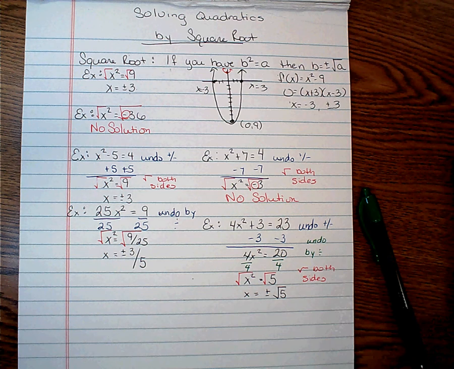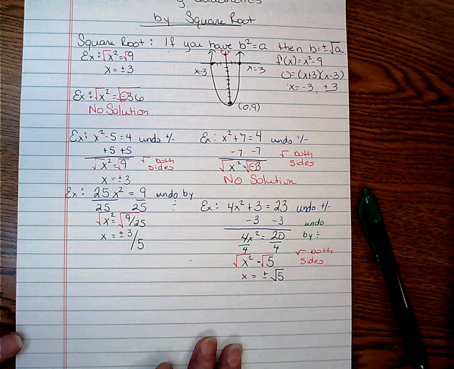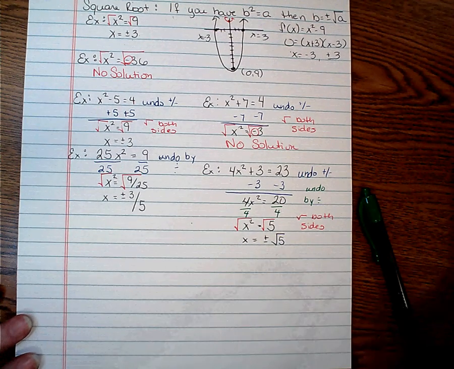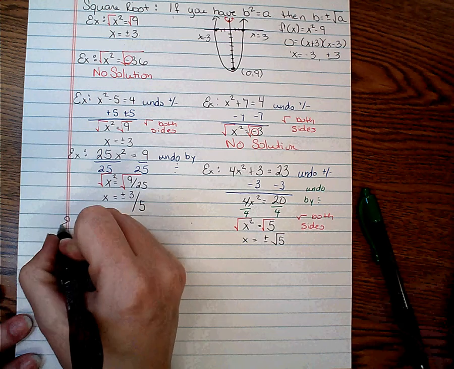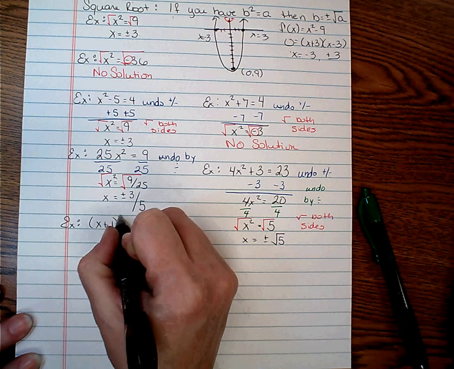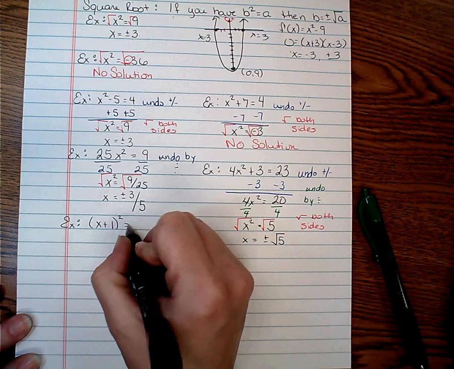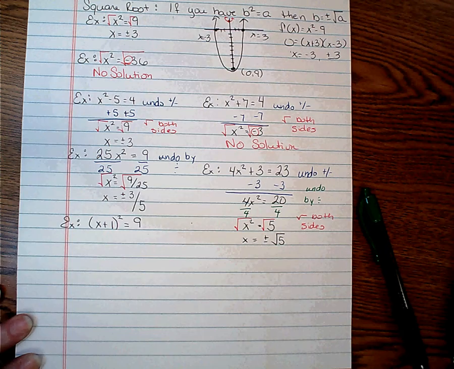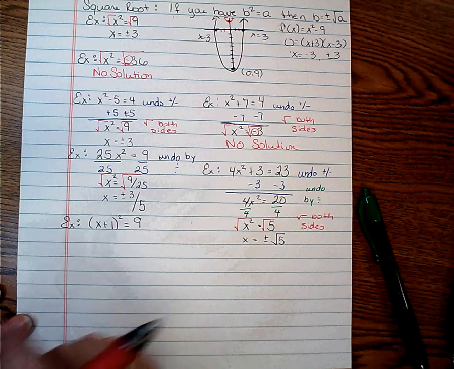Okay? Now, we're going to go on to some that are just a little bit more extensive. They're going to have parentheses involved in them. So the first example I'm going to do is just the parentheses squared. So (x plus 1) squared equals 9. Now, it's really just like this problem we had above. My parentheses is already isolated.